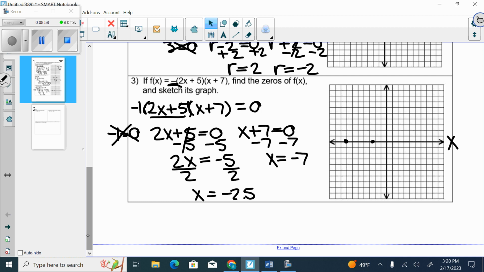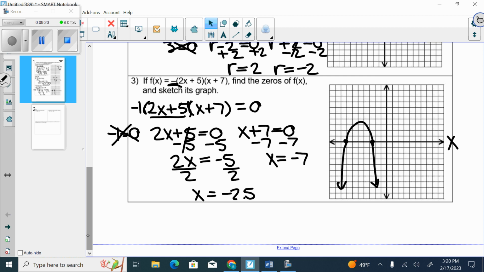What do we have at the front? The negative, so this one's going to point down. Okay, so from both of these points, I'm pointing down, and I have to connect them in the middle to make that U shape, right? So it's got to be something like this, so that it connects to make that U shape.